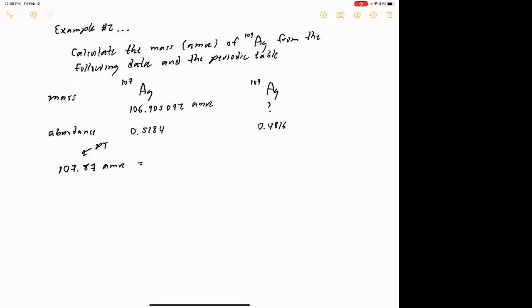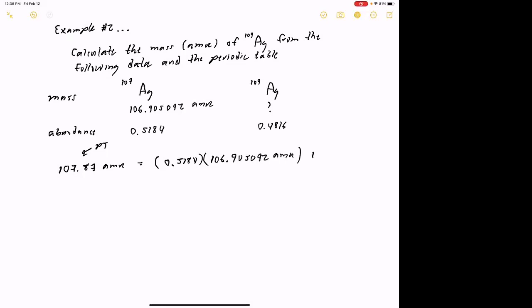I'll do silver 107 first because I have everything I need for that. I have 0.5184 as my fractional abundance. I'm going to multiply that by the actual mass of the silver 107, which is 106, and again, keeping all those sig figs. That was actually a measurement somebody made. I can track the units as I go.